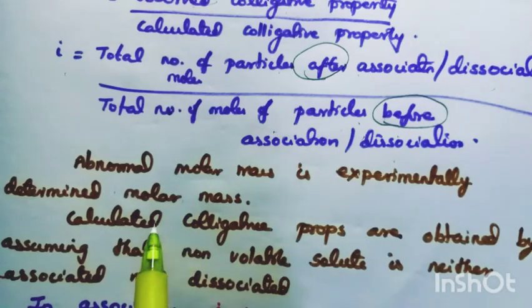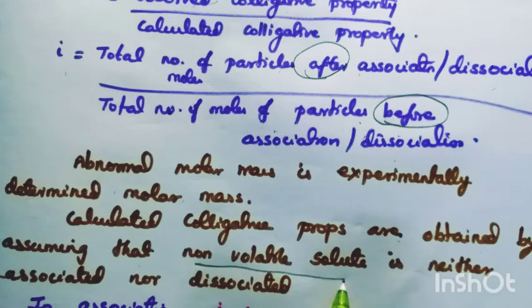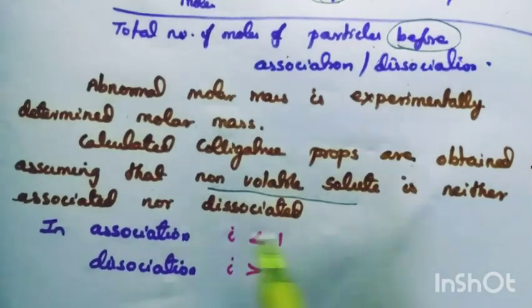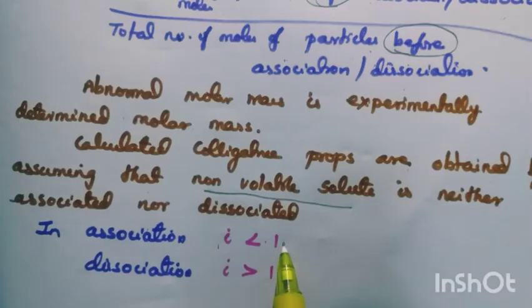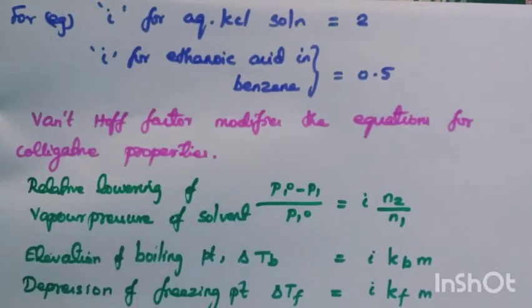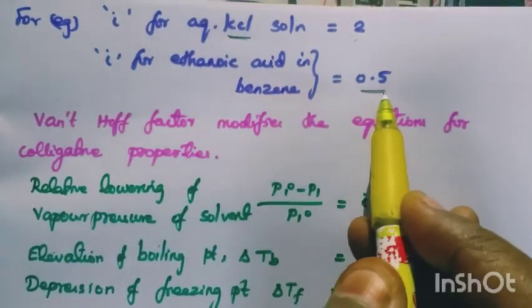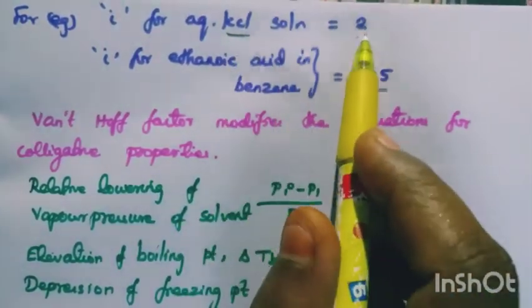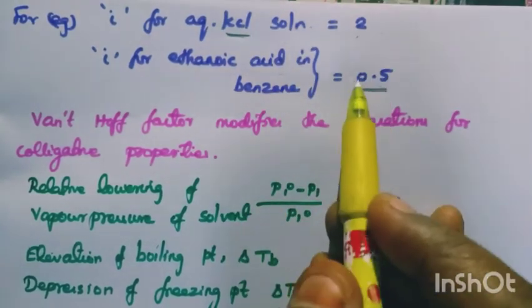The calculated colligative properties are obtained by assuming that the non-volatile solute is neither associated nor dissociated. If association takes place, the value is less than 1. If dissociation takes place, the Van 't Hoff factor is greater than 1. For example, i for KCl is 2, since dissociation occurs. For ethanoic acid it is 0.5, since association occurs. One is greater than 1, the other is less than 1.